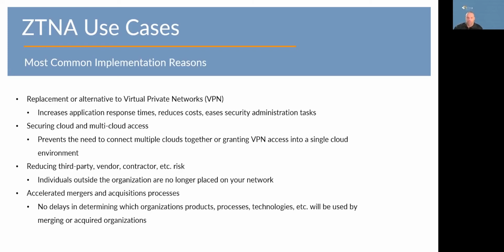Why? Because maybe going through VPN is slow. Maybe the applications don't respond very quickly. It's costly to set up this VPN model and the bandwidth that's required, the appliances that are required. And it's also easier to secure the appliances, devices, the applications, et cetera, by getting out of VPN. So it reduces that security administration component, which does 2 things.